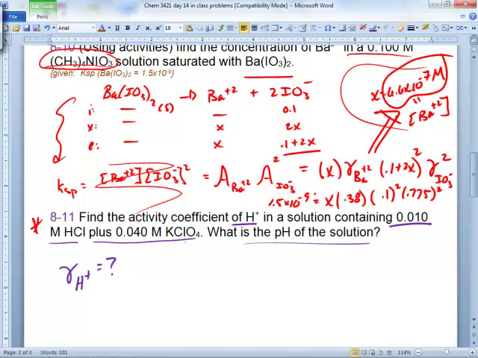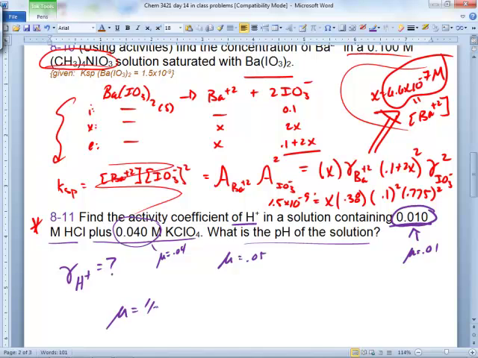We're saying that HCl is a 1-to-1 salt. Ionic strength, you get 0.01 from that. This is a 1-to-1 salt. Ionic strength is 0.04. Well, the total ionic strength would be 0.05. But if you don't see it, we might want to prove it to ourselves.